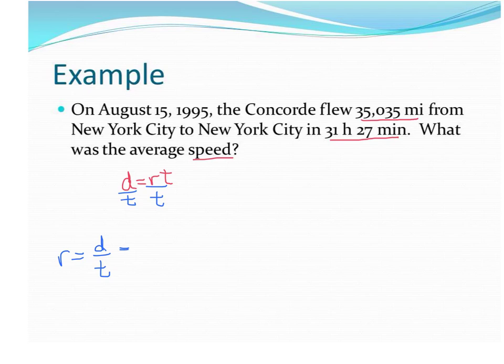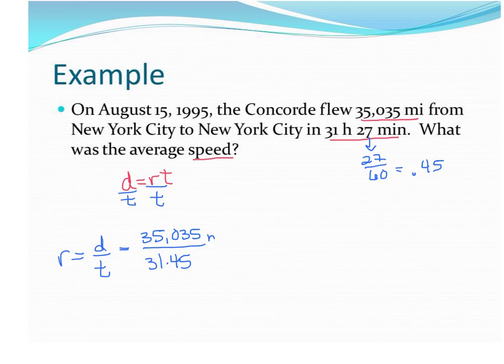My distance is 35,035. Now my time, I probably want to put in hours and not hours and minutes. So if I do 27 divided by 60, that gets me 0.45. So this is 31.45 hours.